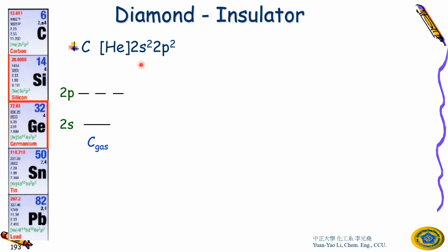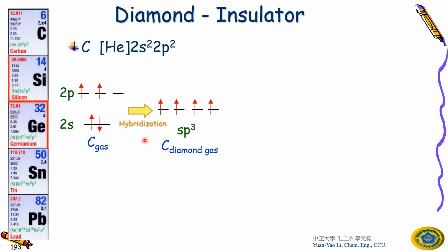And because this carbon needs to have 4 carbons surrounding it bonding to become a tetrahedral distribution, with the carbon in the center, right? So what you need to do is 1, 2, 3, 4, and you hybridize the orbitals. That becomes sp3, right? So sp3 means you have 1 electron in each energy state, and this is a single diamond atom in gas.